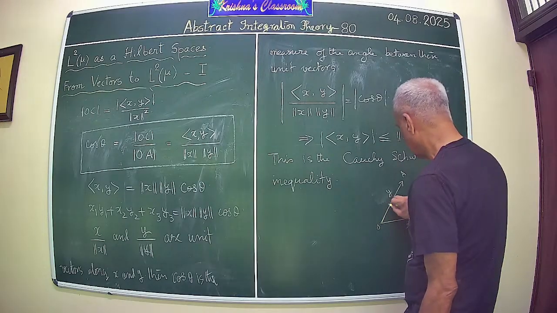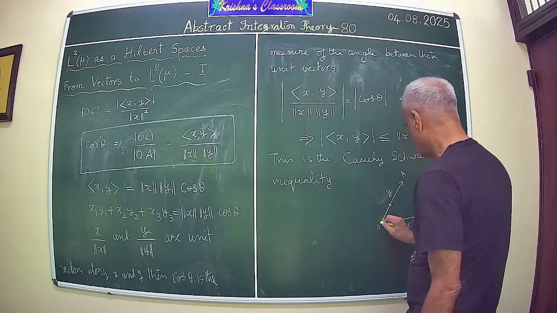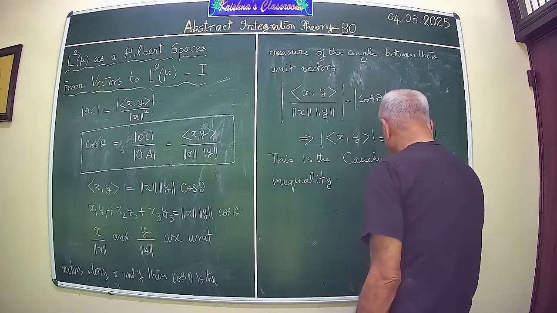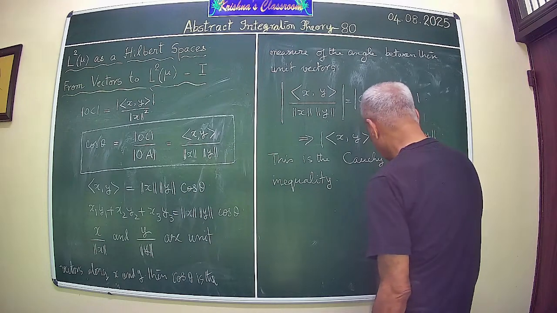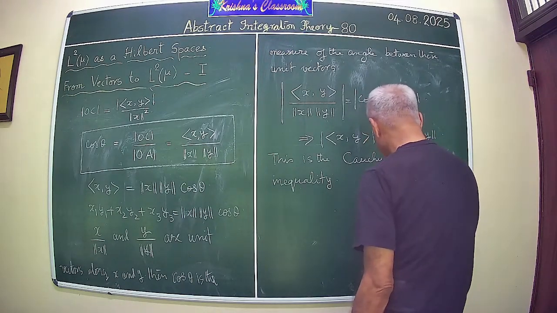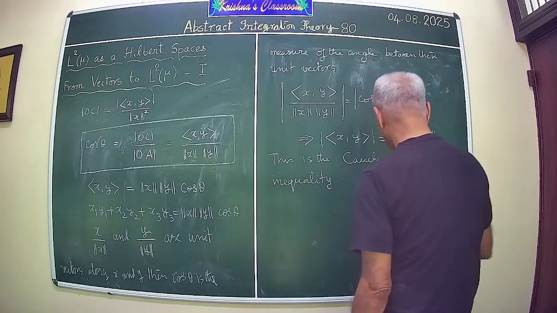The unit vectors are of length 1. So this is x by norm x, this is y by norm y, and this is the angle theta between them.